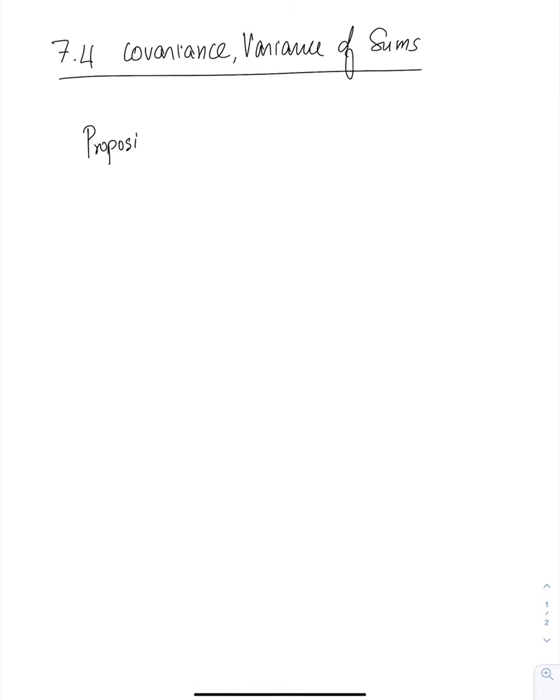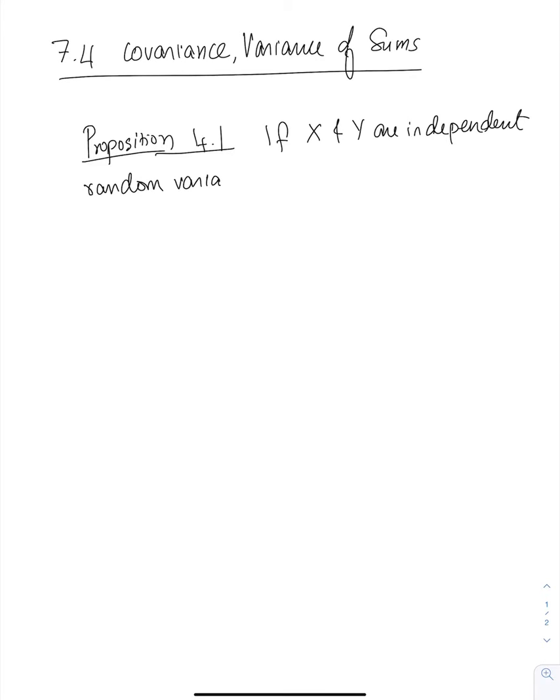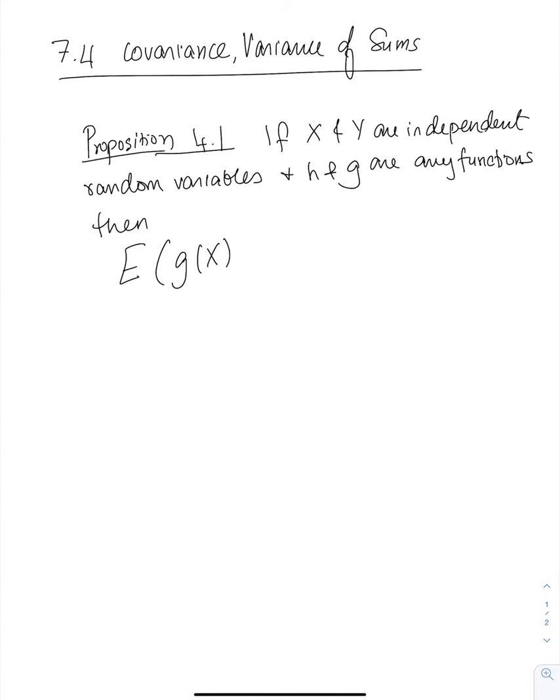So we have proposition 4.1. What does that say? If X and Y are independent random variables, and h and g are some functions, then what if you're looking at the expectation of this kind of function of X and Y?